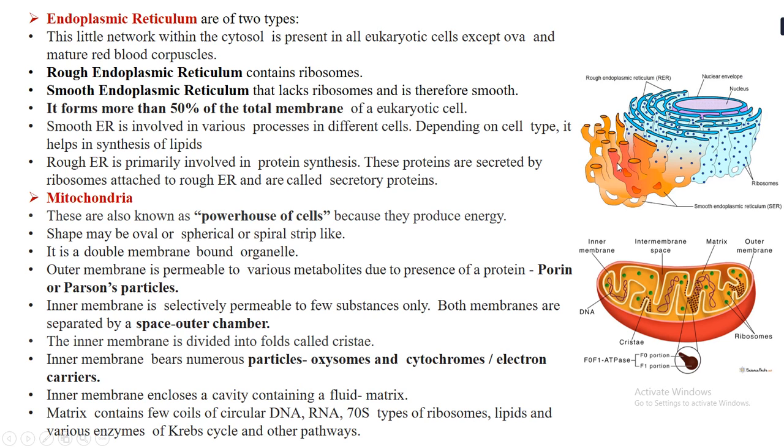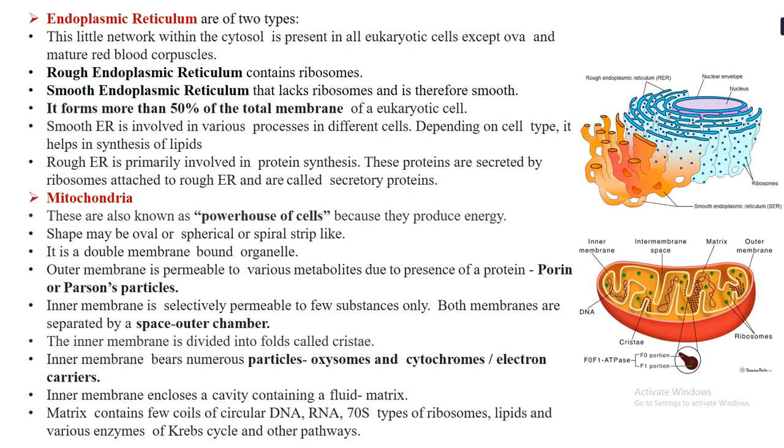Endoplasmic reticulum is a network within the cytosol which is present in all eukaryotic cells except for the ova and the mature RBC. So you have to remember that endoplasmic reticulum is not present in two types of cells: first, an ova, and second, a mature RBC, a mature red blood corpuscle.